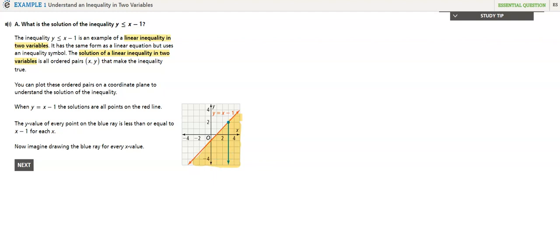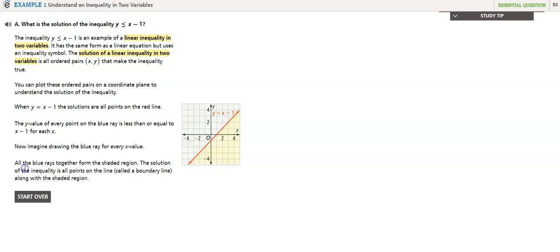Okay, so it says now imagine drawing a blue ray for every x value. So that's just drawing that line straight down for every single number on that line, which is kind of what I already did when I highlighted. So it ends up looking like this. When all the blue rays are put together, they form the shaded region.